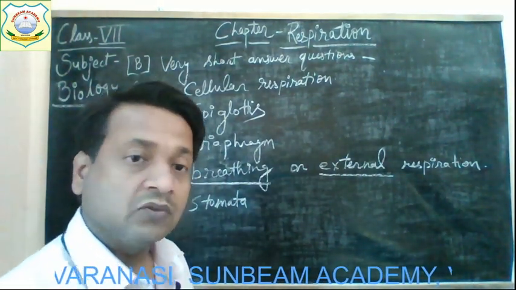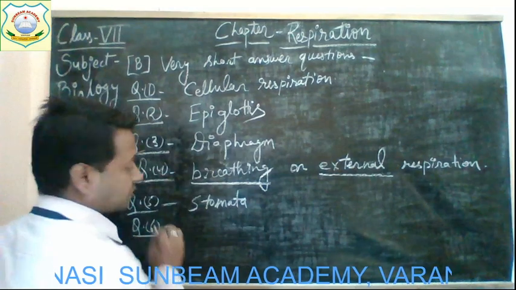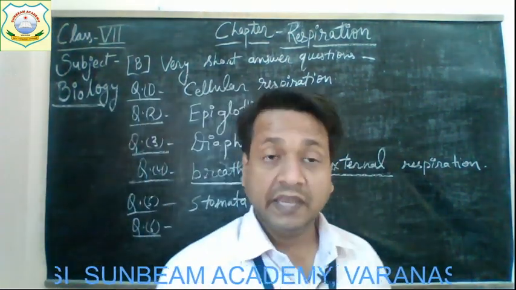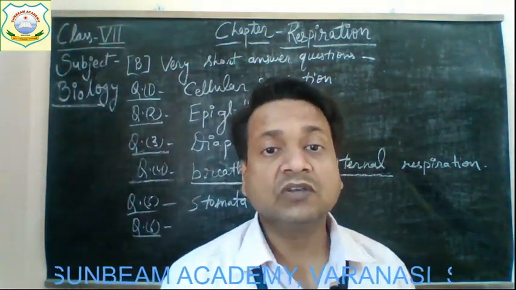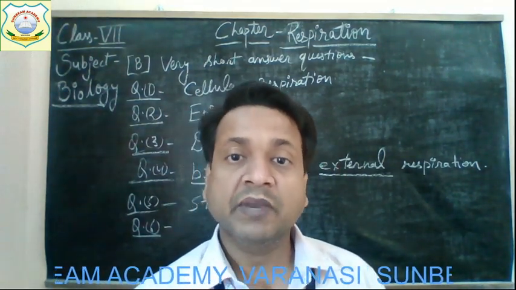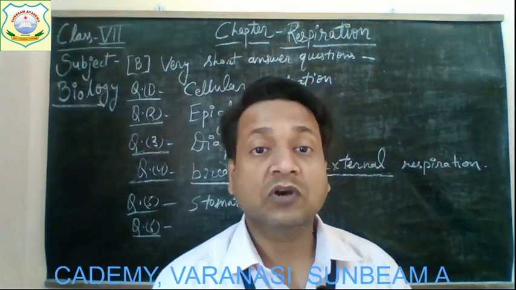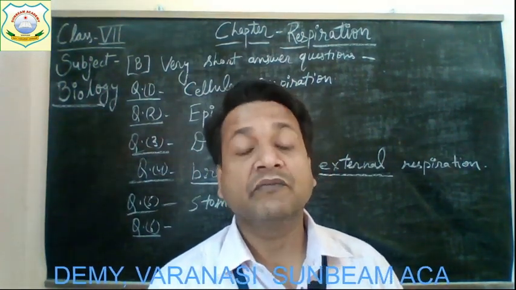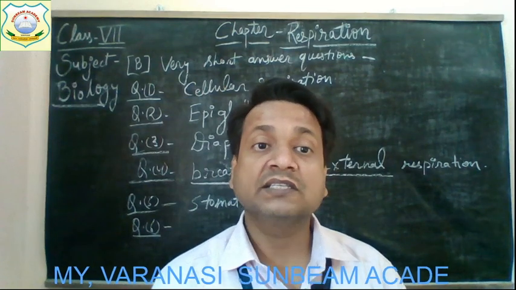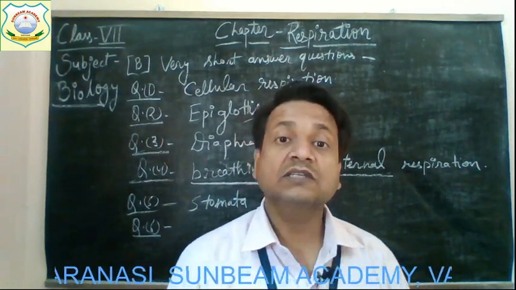Okay. Now the question number 6, and the question is, in amoeba the exchange of gases occurs through the cell membrane. So here you have to write the name of the process by which exchange of gases occurs in amoeba, and the name of the process is diffusion.